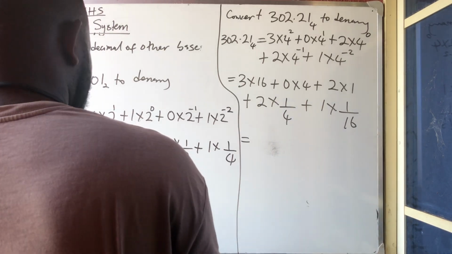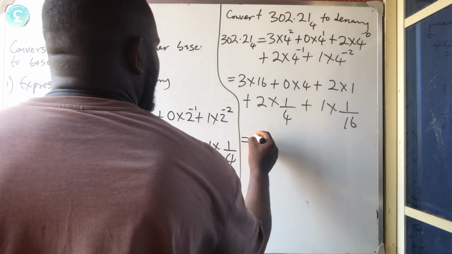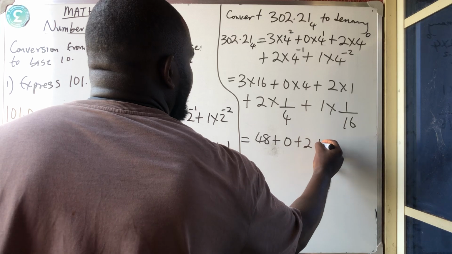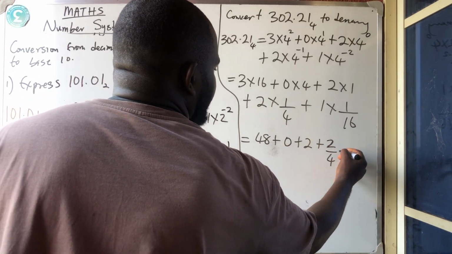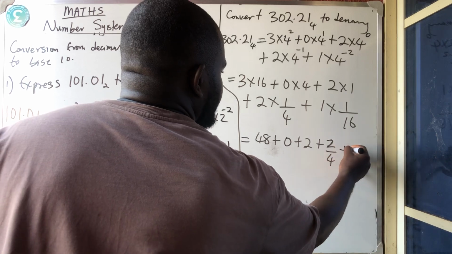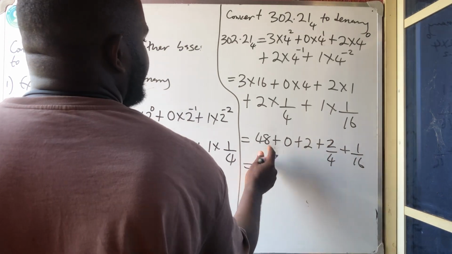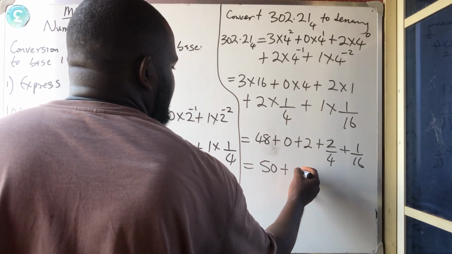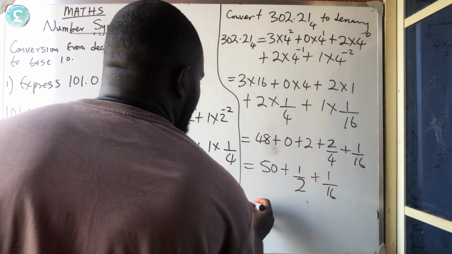So I'm going to have that my final answer is what? 3 times 16 is 48. So I have 48 plus 0 plus 2 plus 2 times this will give you 2 over 4 plus this time this will give you 1 over 16. So this plus this is 50, plus 1 over 2 plus 1 over 16. So you get the LCM.